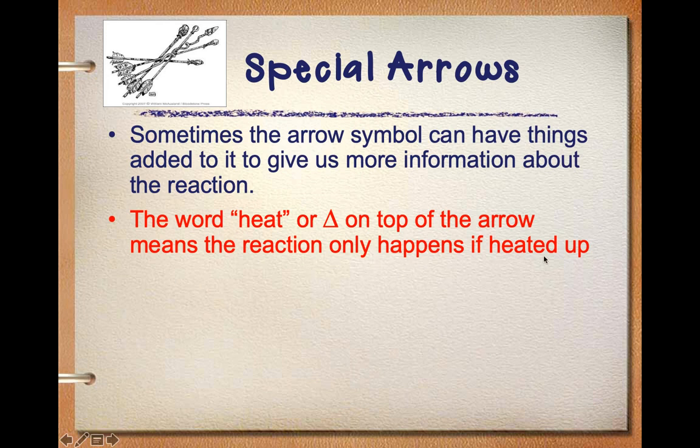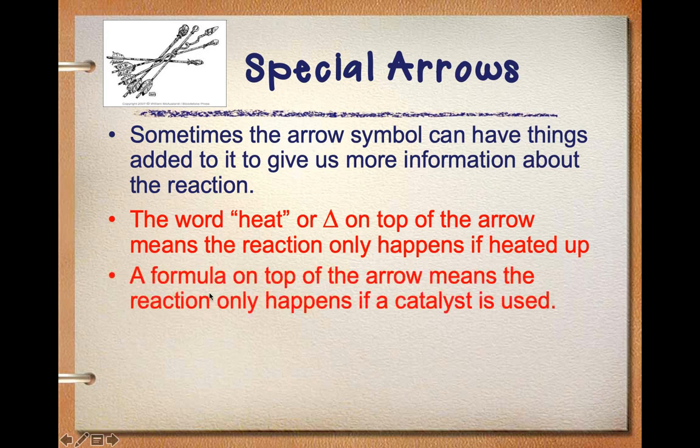So if you have to use a Bunsen burner or put it on a hot plate or in a microwave or over a fire, you need to put the word heat or that triangle on top of the arrow. Another thing you can do is put a chemical formula on top of the arrow to tell us that the reaction will only happen if you have a catalyst. That formula on the arrow is your catalyst. Catalyst might be a word that you remember from biology, or maybe you remember the word enzyme from biology.